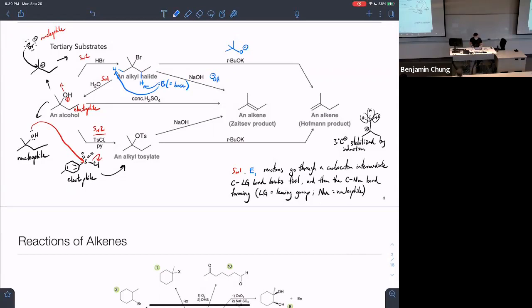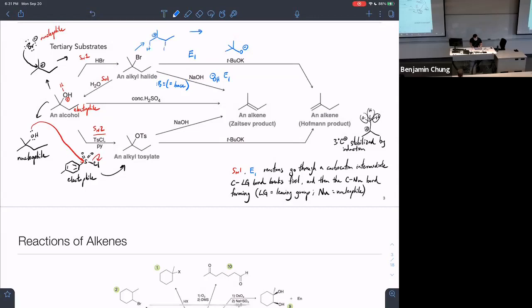So these are actually E1 reactions as well, because the first step of this reaction actually isn't the base abstracting these protons here. I'm just going to erase it and redraw the true mechanism just so that you guys have that. Because it is still a tertiary alkyl halide, our first step is actually formation of the carbocation intermediate.